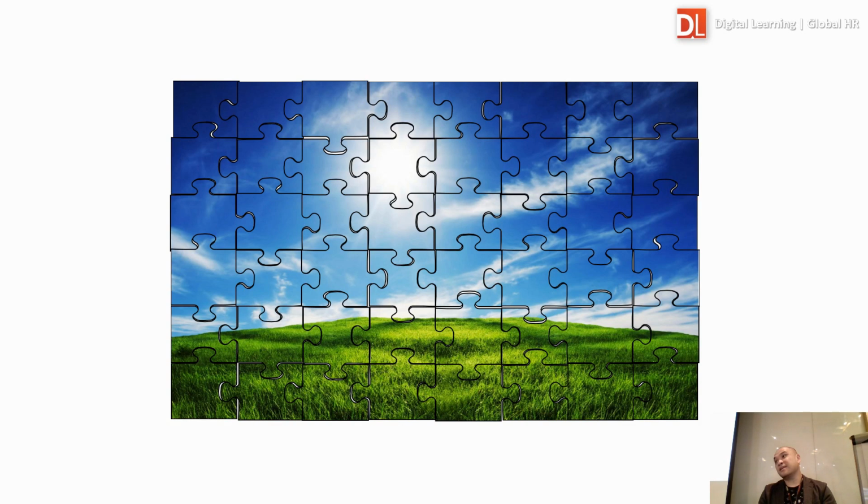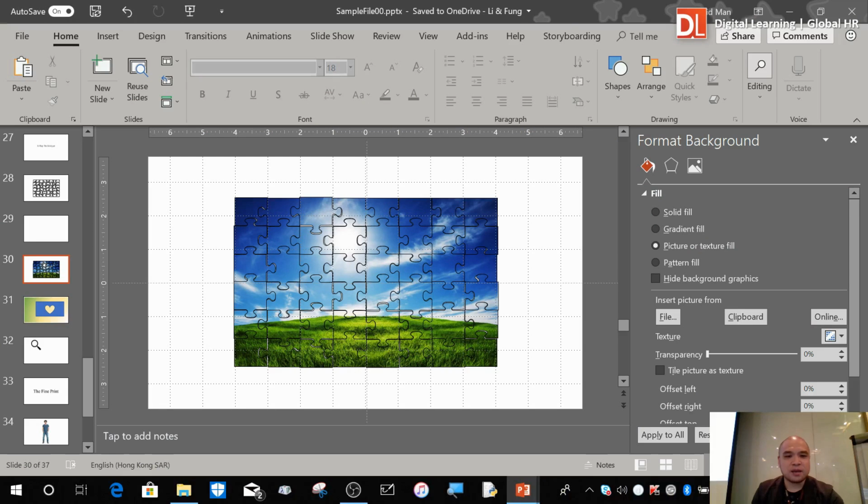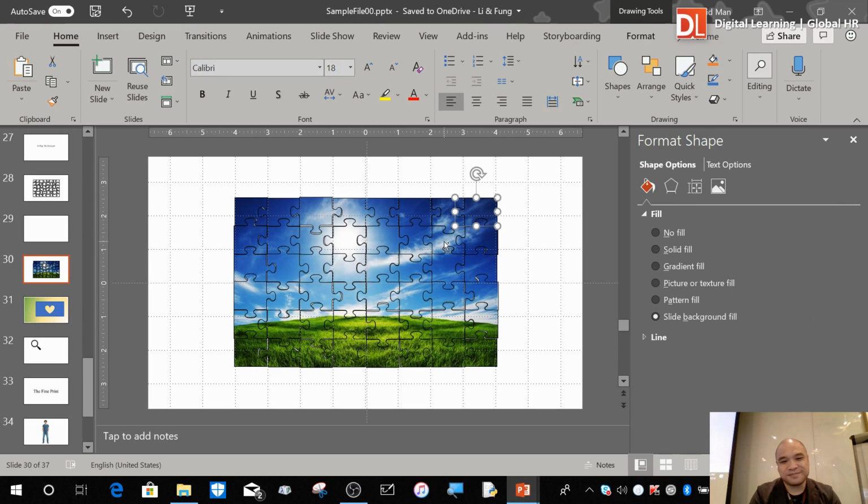Is it clear? So if you ask, how to make the animation? Because now I know how to make the puzzle, then how to make the animation? Is it difficult? Not difficult at all. For example, for animation, we may just randomly select some puzzles over here, maybe just some of them.